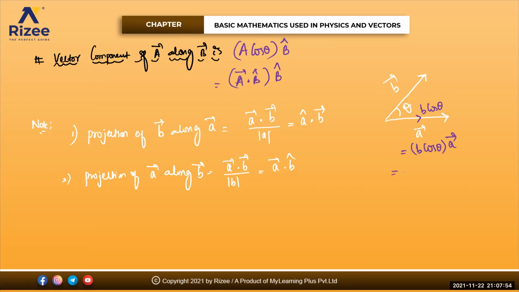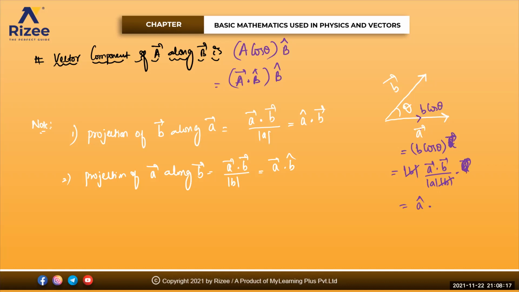That means this one is mod B into A cos theta, which means A bar dot B bar divided by mod A mod B into your A bar. Mod B and mod B will get cancelled, leaving A bar divided by mod A, which is A cap. Dot B bar. There is no A bar right now here. Why?